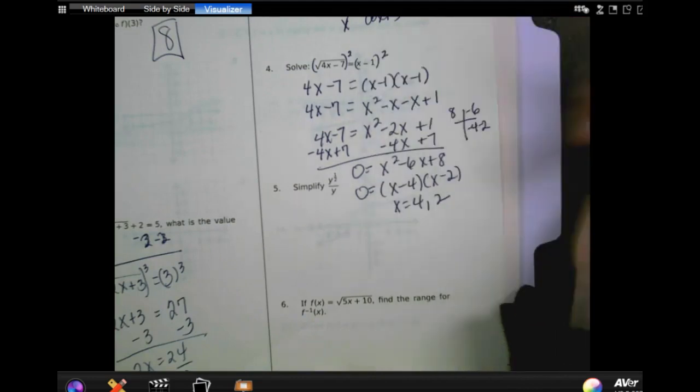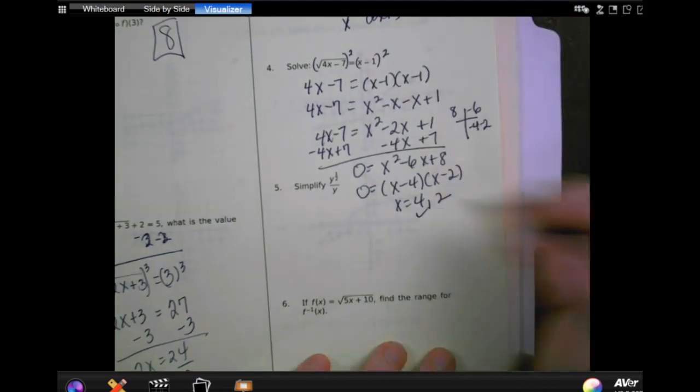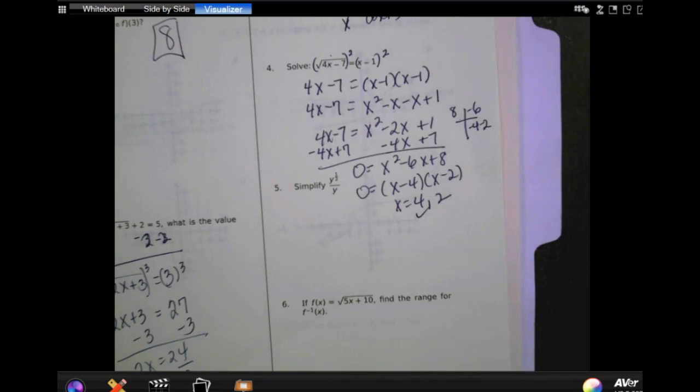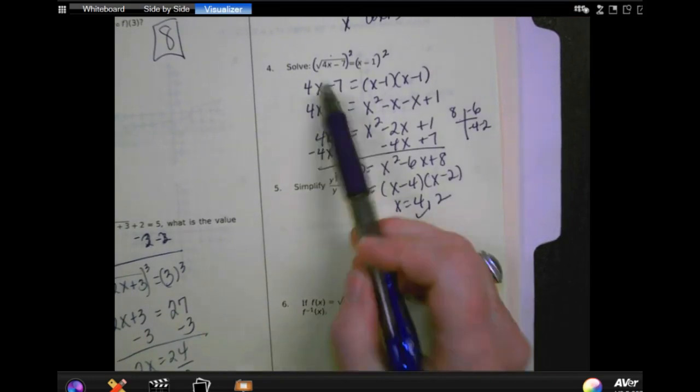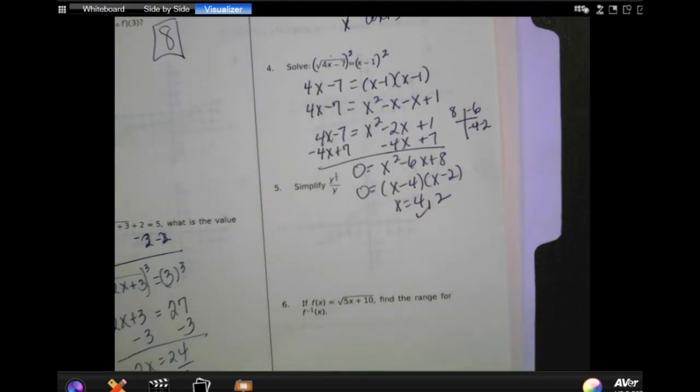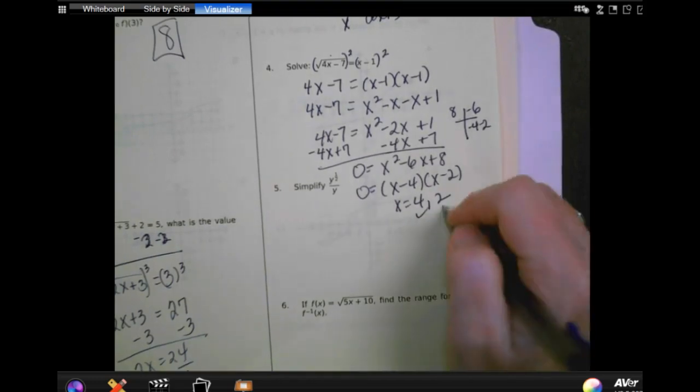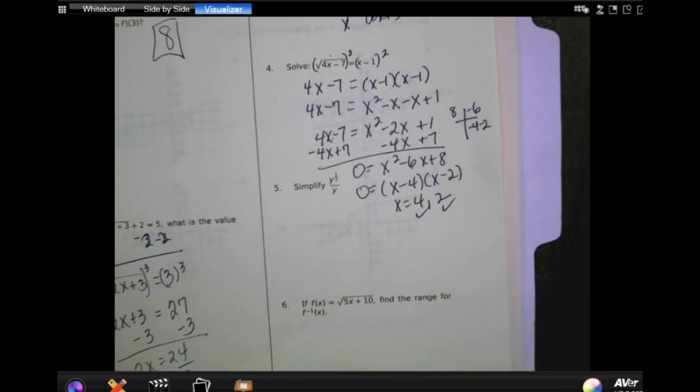So 4 minus 1 is, so this one checks. What about 2? So 8 minus 7 is 1, and 2 minus 1 is, so this time they both checked. But I'm telling you, on the test on Wednesday, if you don't check these, one of them is not a solution.